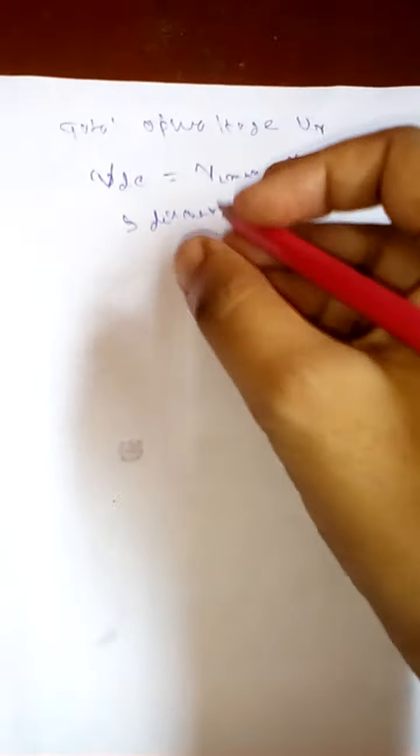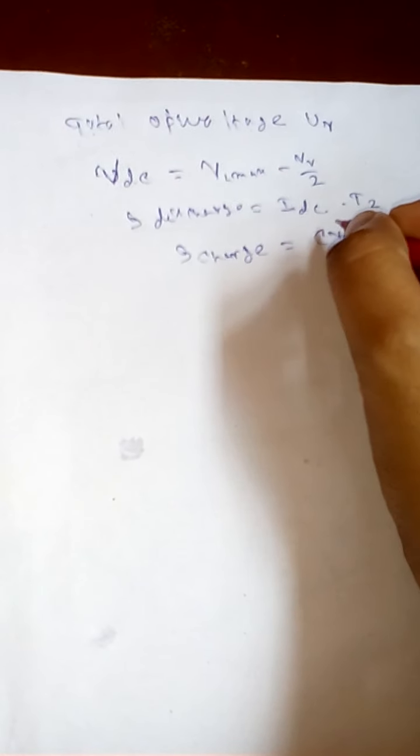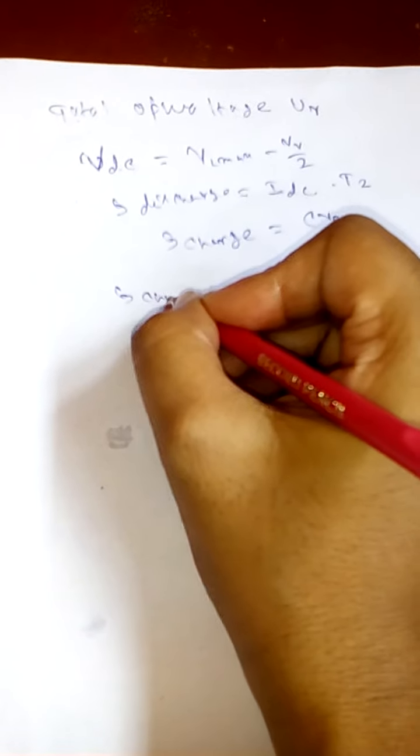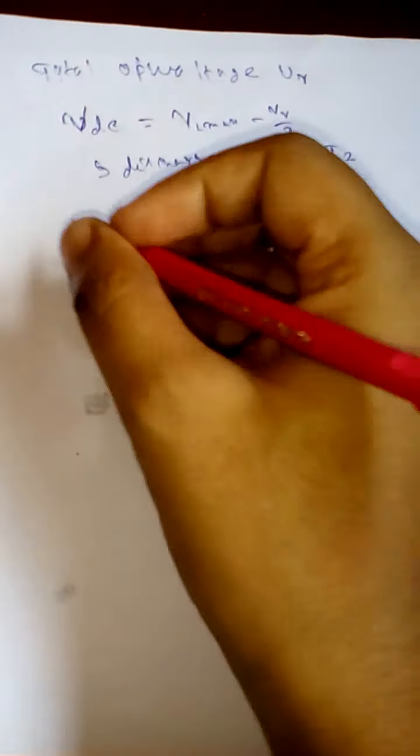Q charge is given by C into VR. Q charge is equal to Q discharge in steady state.